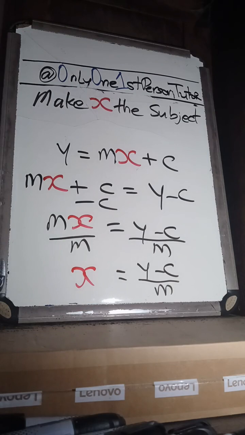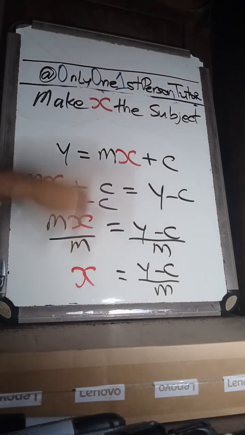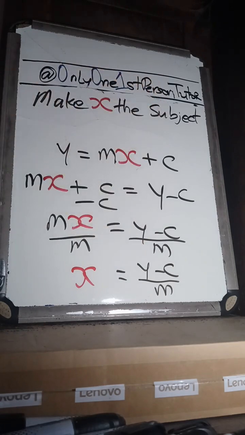Now if you were to put that in here, m times that, it would cancel, leaving you with y minus c. C minus c, that would be equal to y. Y minus c plus c, you end up with y.